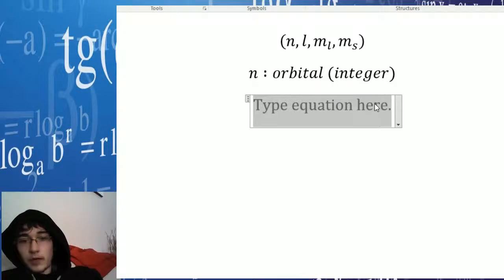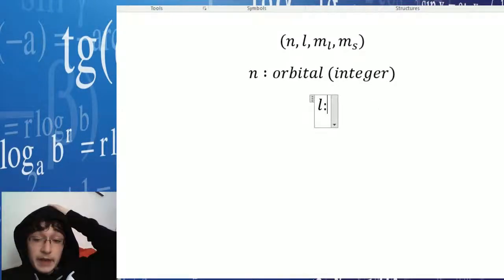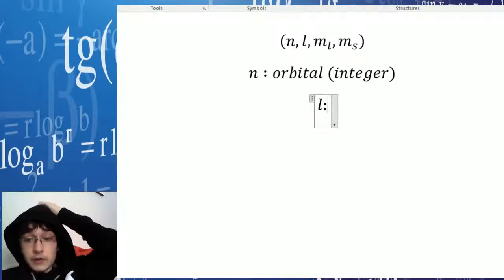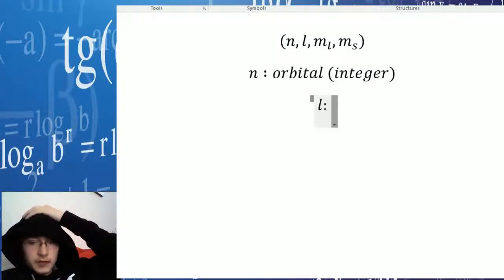Then you have l. I haven't done this in a while. n is the number of the layer, and l is the letter of the layer.